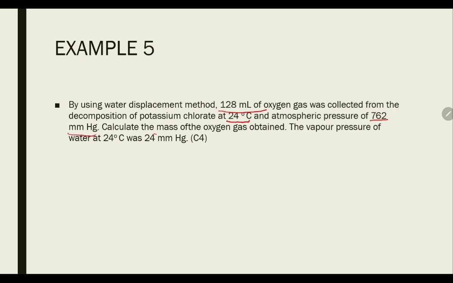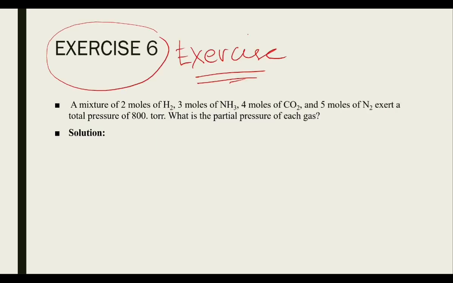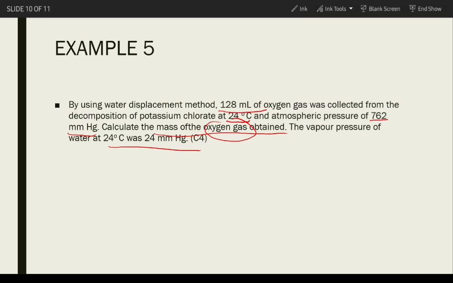Calculate the mass of the oxygen gas obtained. The vapor pressure of water at 24 degrees Celsius was given as 24 millimeter mercury. The question wants you to calculate the mass of oxygen. In order to do so, you need to first determine the partial pressure of the oxygen and then calculate the number of moles.